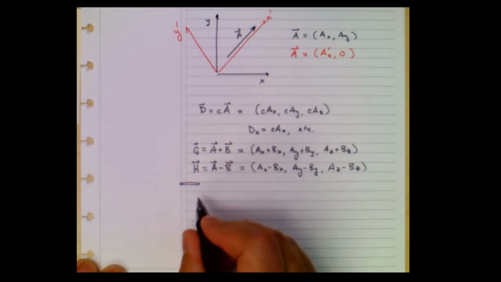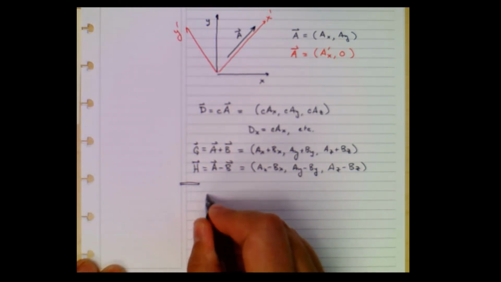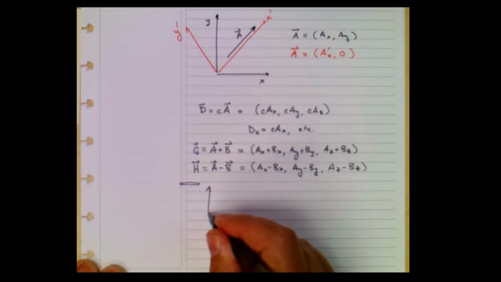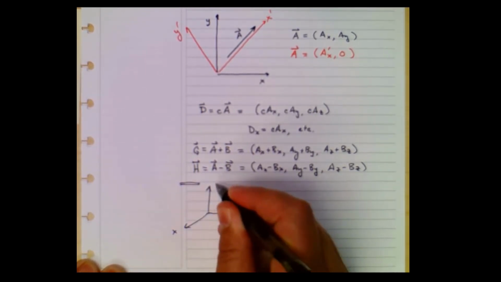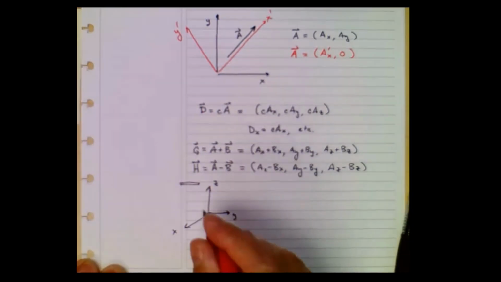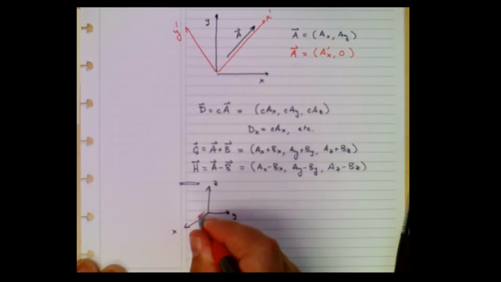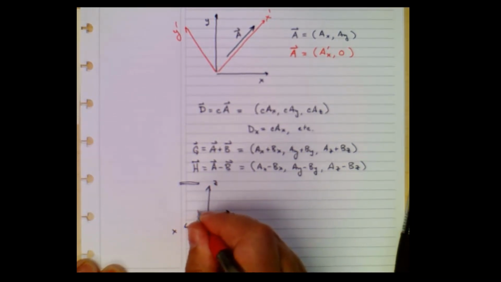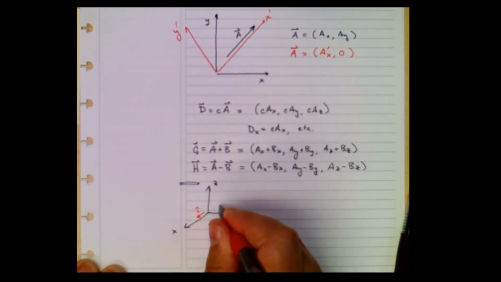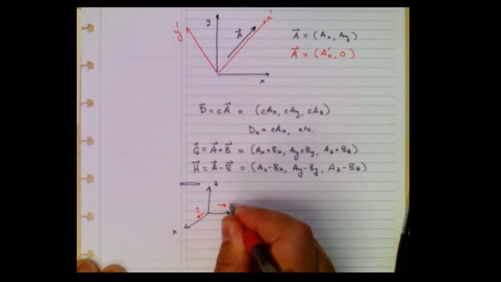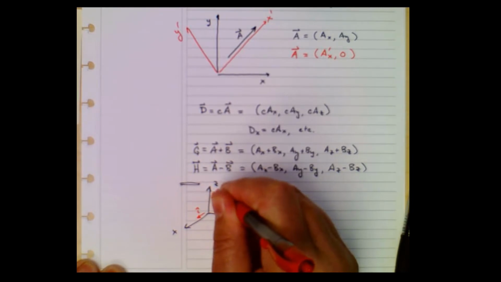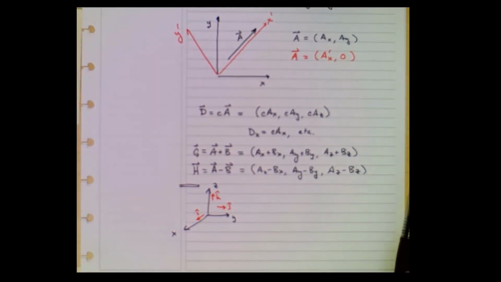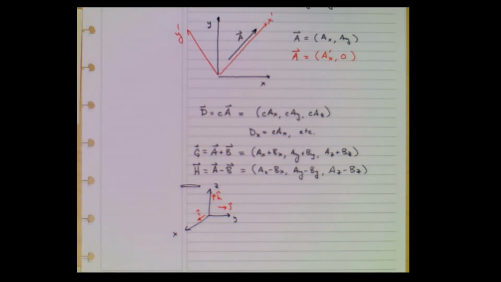So I mentioned this in a previous video, that if I were to take my three axes, x, y, and z, and take vectors which are unit length in each of the three directions, I have another system for representing vectors by components.